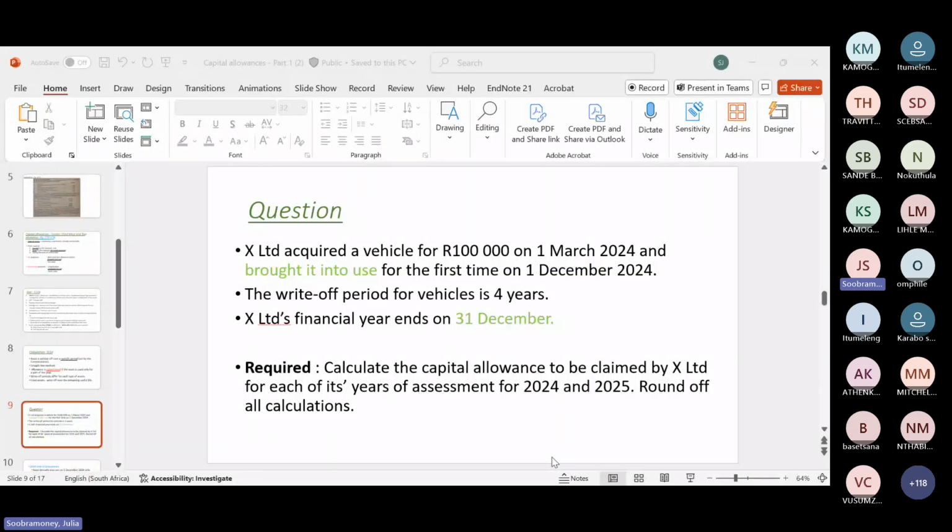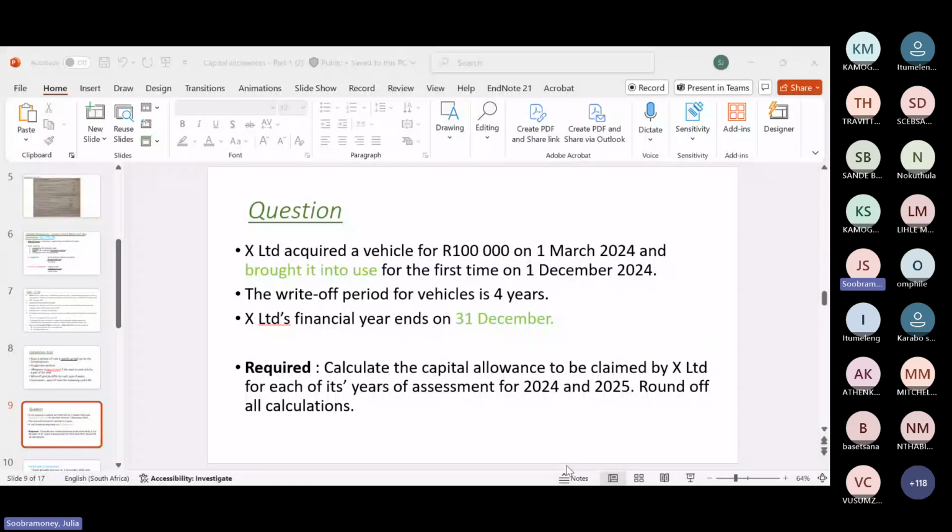So I want to know from you, okay, on the 31st of December 2024, how many months am I going to claim an allowance on this vehicle? Can you please tell me? How many months are you going to claim the allowance for? 1 month, okay? 1 month, correct.